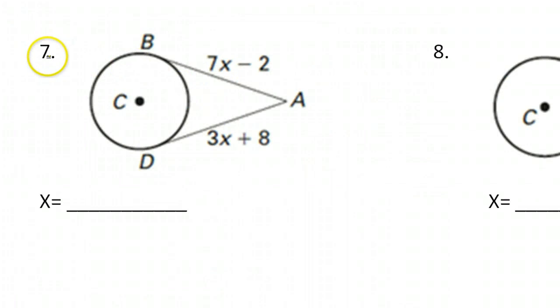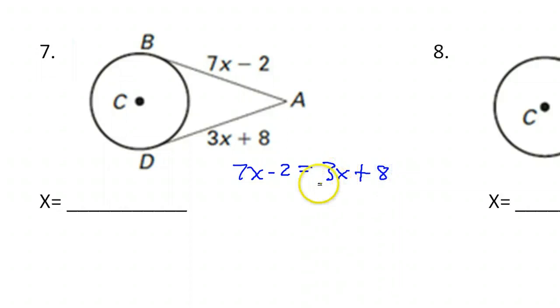Alright, for number 7, when you have these two tangents that converge at a single point, then these are going to be congruent. So all we need to do is set 7x minus 2 equal to 3x plus 8. Let's get these x's together by subtracting 3x from both sides.